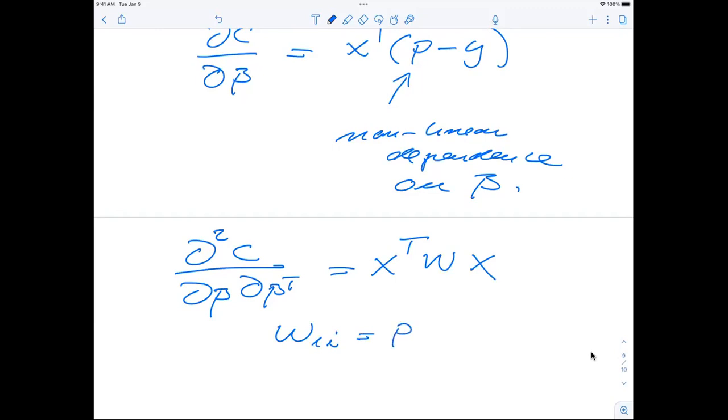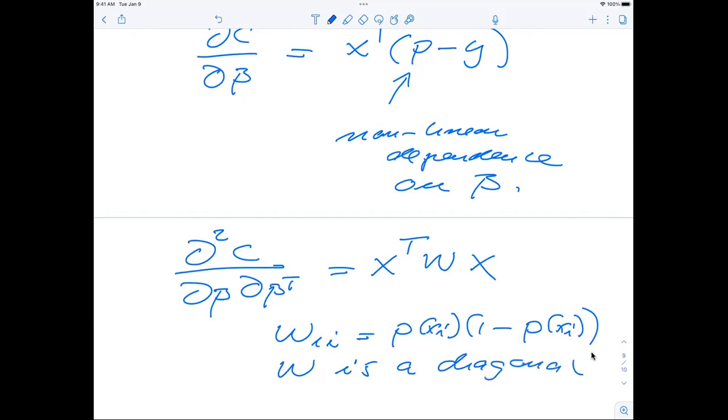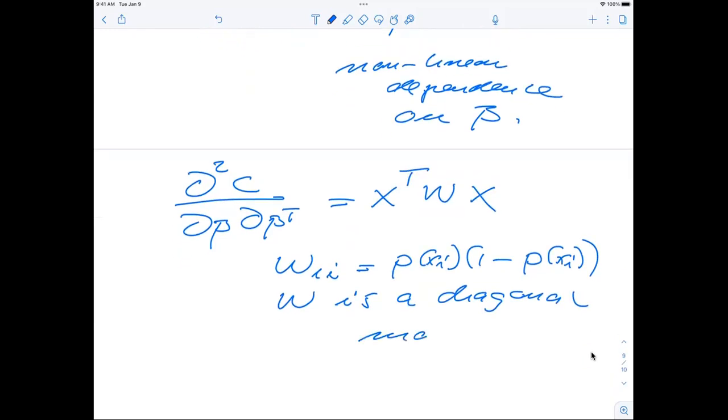These diagonal elements are given by p(x_i) multiplied with 1 minus p(x_i). So W is a diagonal matrix, and you can show that when you do the calculations. This defines a matrix which is called the Hessian, the second derivative of this cost function.